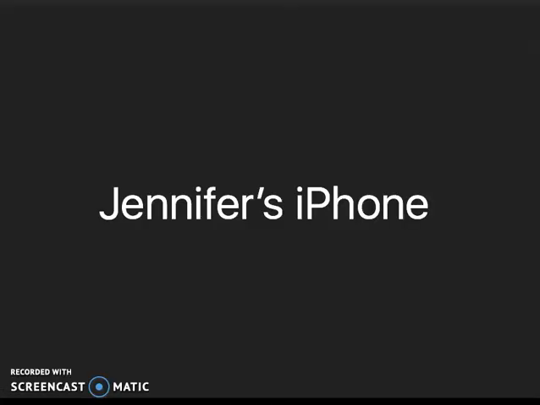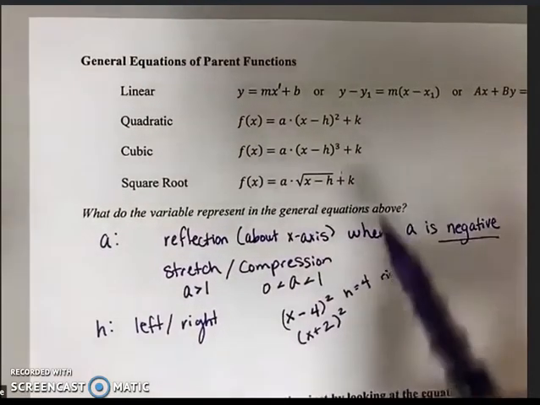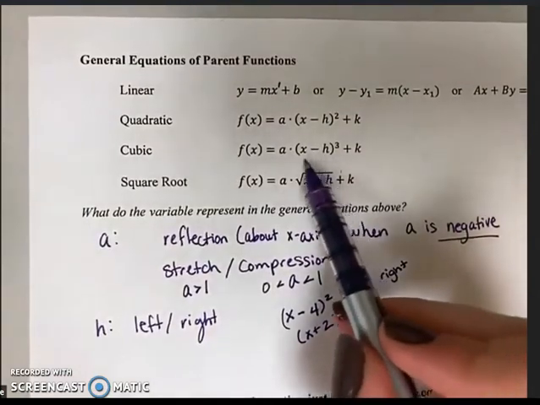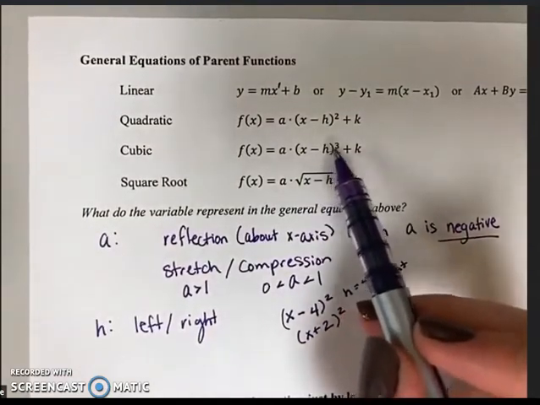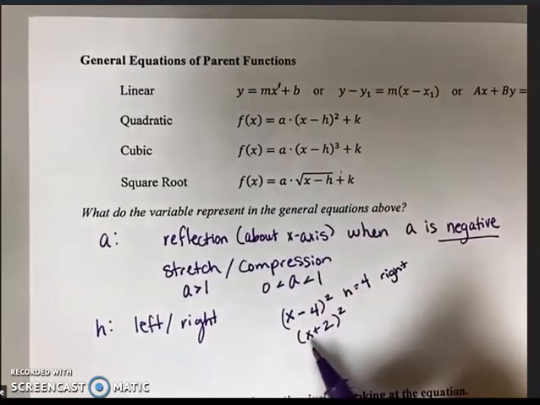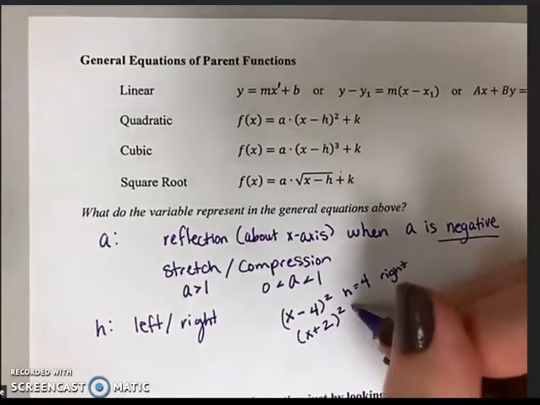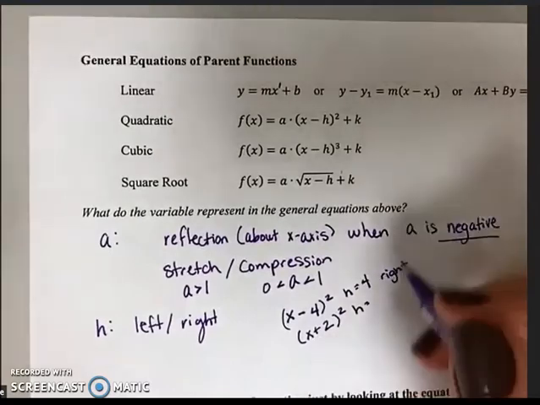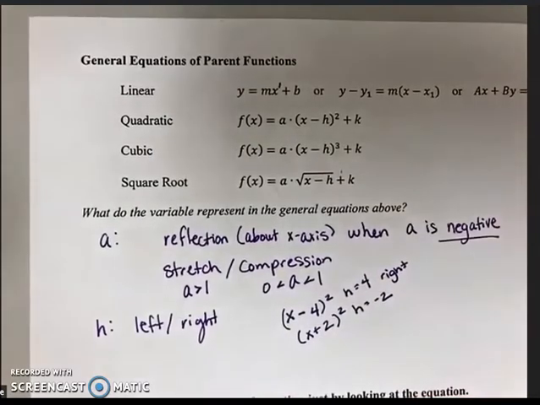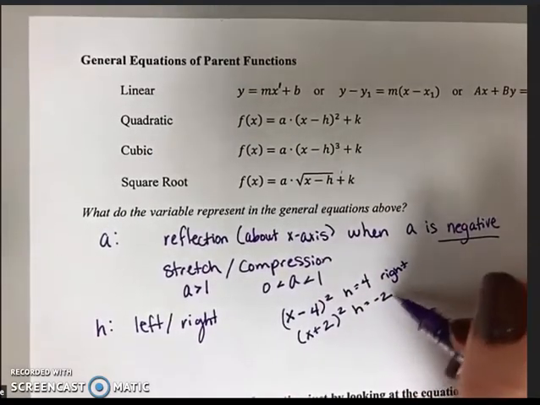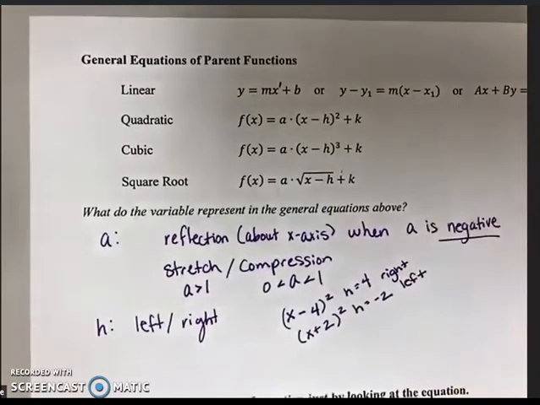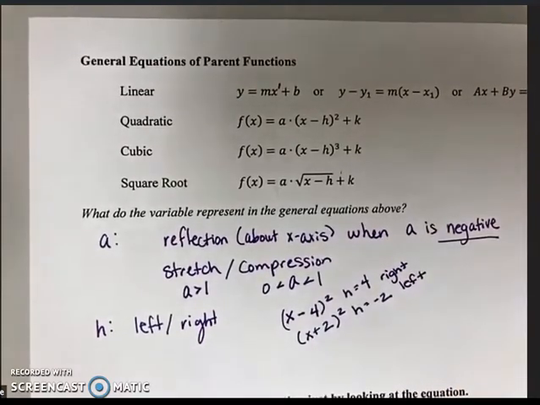Because it is x minus a number, if you have an expression x plus 2, we're actually having to subtract a negative 2. So h is negative 2 here, and that's a negative movement, meaning we move left.